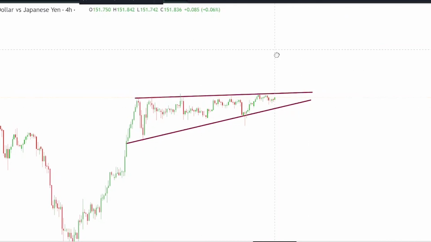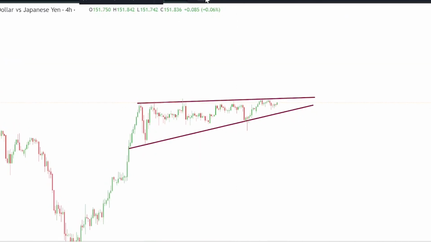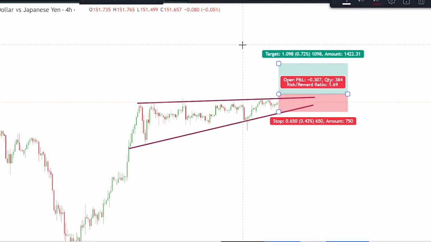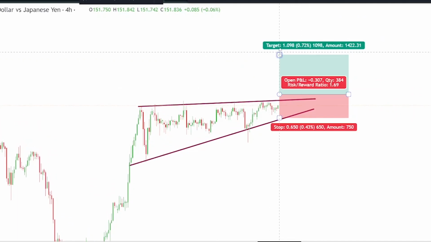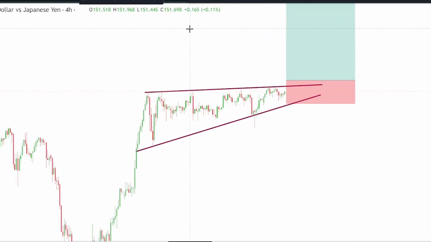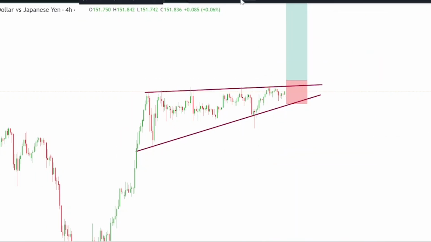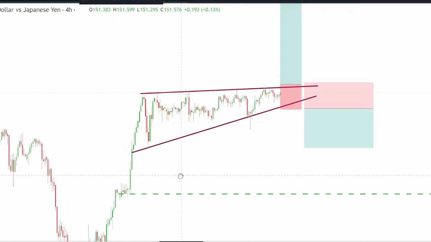We are going to set the buy stop and sell stop again. If we break out, we are going to continue the upside. If we break below, we are going to change the direction to the downside. TP from these areas.